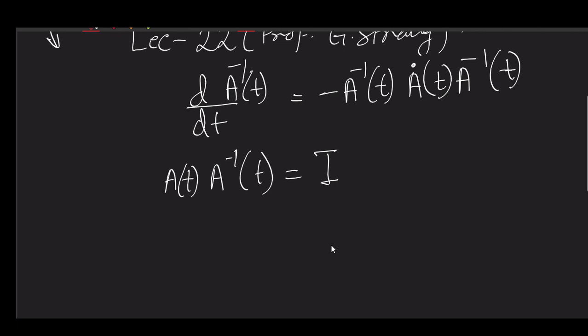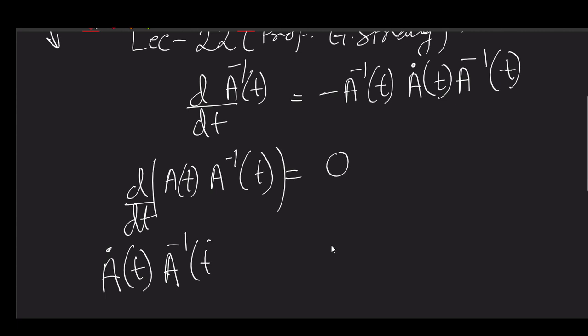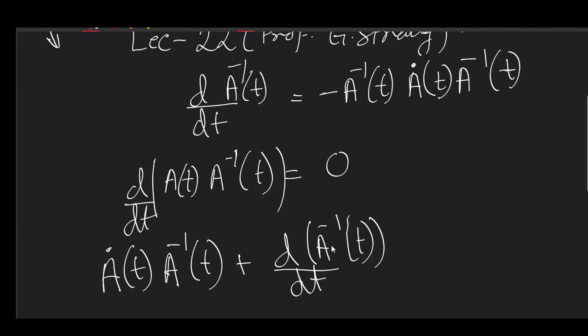Provided this is invertible, now if you do d/dt of this, it will give you 0. So this will become A dot t A inverse t plus A t d/dt of A inverse t, right?